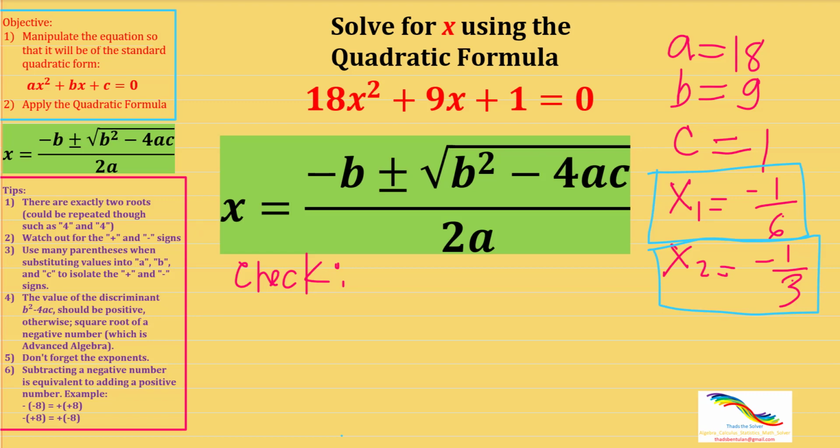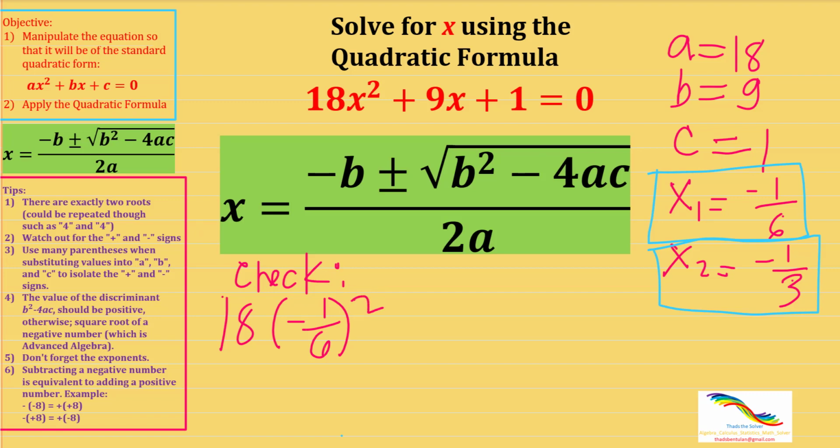This is the cross-checking operation for the first root, which is x1 equals negative 1 over 6. Again, remember there are exactly 2 roots as predicted. So let's substitute into the original equation. So that is 18 times negative 1 over 6 squared.